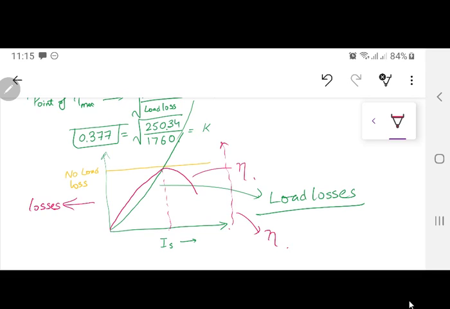Now that you know your maximum efficiency point, it is 0.377. Can you find the maximum efficiency now?